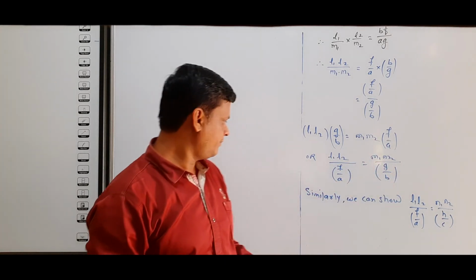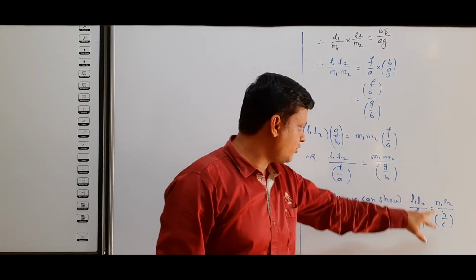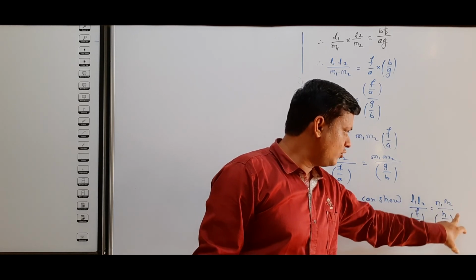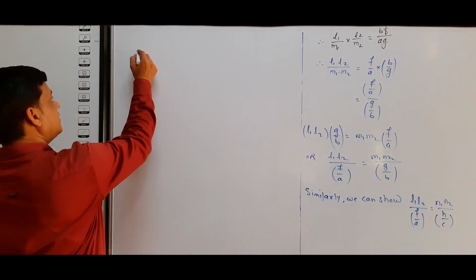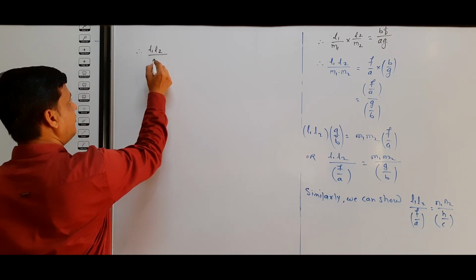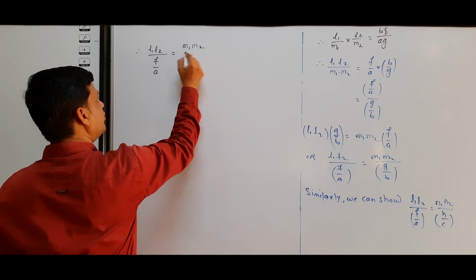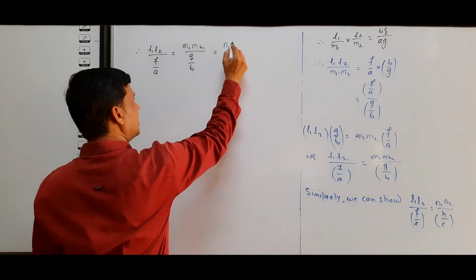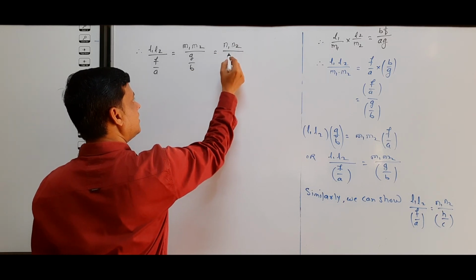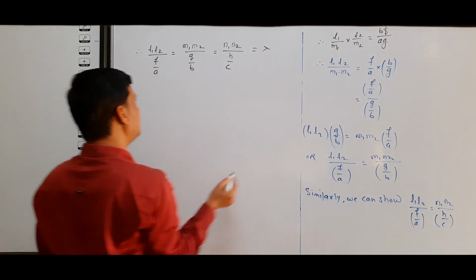Similarly, we can show L1 L2 upon F by A equals N1 into N2 upon H by C. So from this we write, therefore, L1 L2 upon F by A is equal to M1 M2 upon G by B is equal to N1 N2 upon H by C. Now suppose this is equal to lambda.